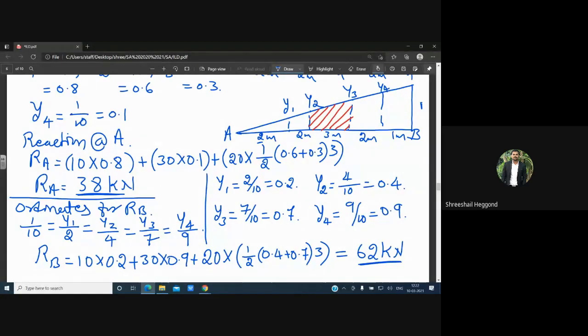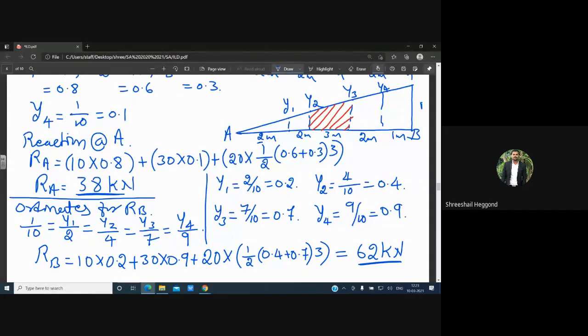Once the reaction at A and reaction at B point is completed, then we can calculate shear force and bending moment. First, we'll calculate for shear force, then we'll go for bending moment. First and foremost thing is the shear force. At which point it is asked, that is most important.